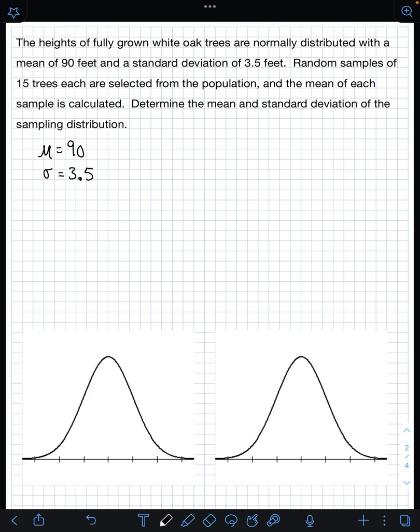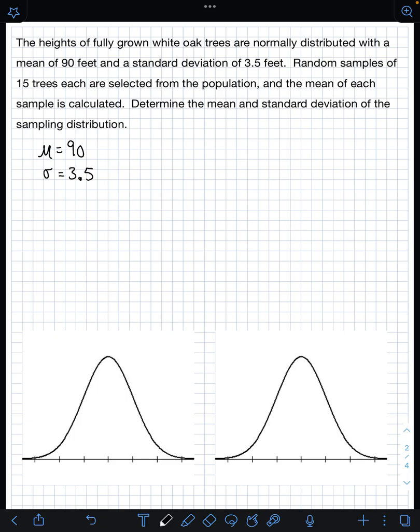Random samples of 15 trees each are selected from the population. So much like what we saw in the simulation, 15 trees are randomly selected, and the mean of that sample is calculated. And then another 15 are selected, and the mean is calculated. And then another 15 would be selected, and so on.